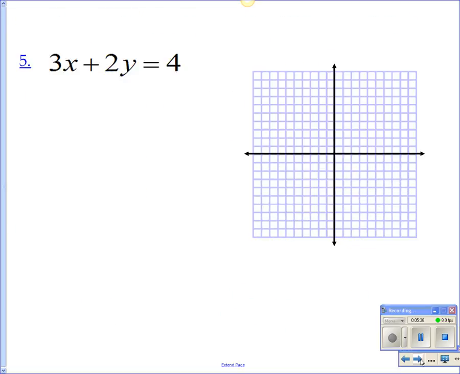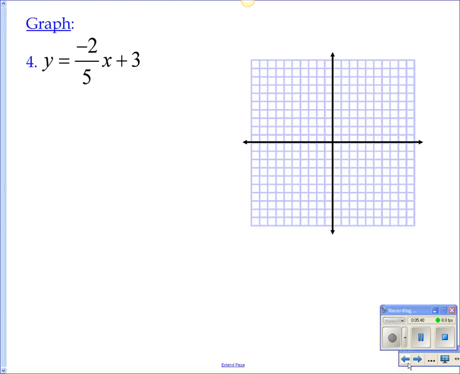All right, number 4. We're going to have to write what our M and our B is before we graph it.